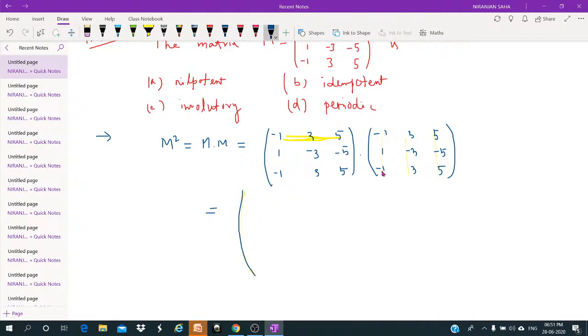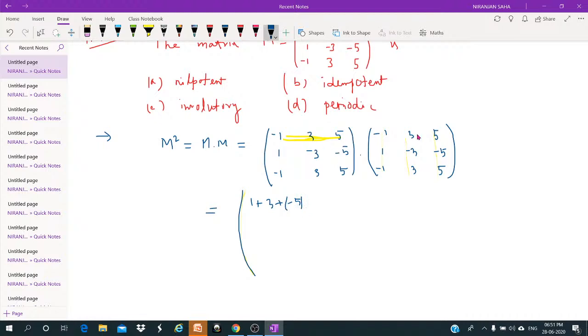The first row first column, first row second column, first row third column will give us the first row of the multiplication. This will be minus 1 plus 1, plus 3, plus 5 minus 1 minus 5. This is our first row first element.